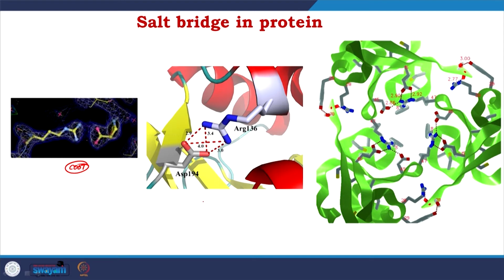So, this is a single salt bridge, single residue salt bridge. This is a salt bridge network. So, you see the differences.